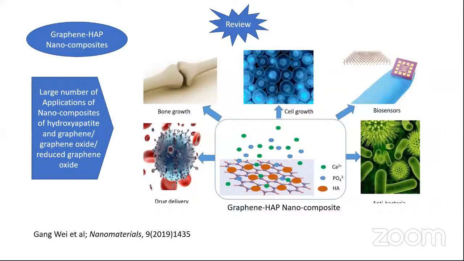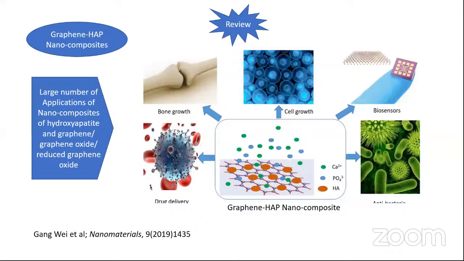In this picture is the review done by Gang Wei, published in Nanomaterials 2019. That has promising use in bone growth, cell growth, as a biosensor, antibacterial applications, and again in drug delivery.